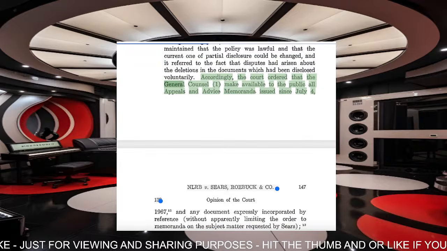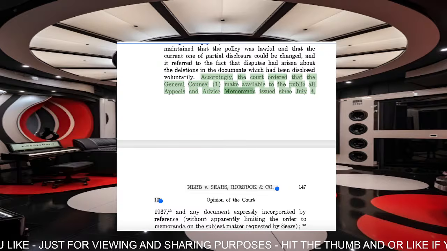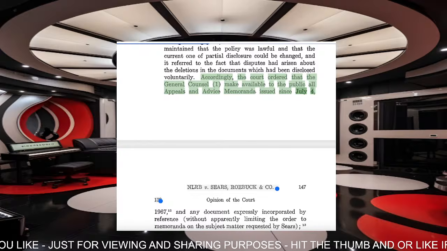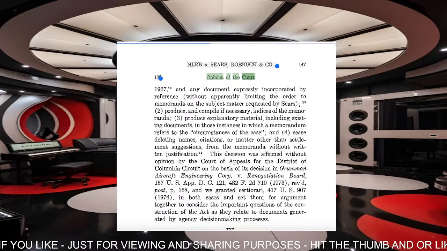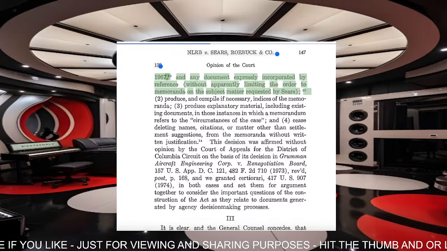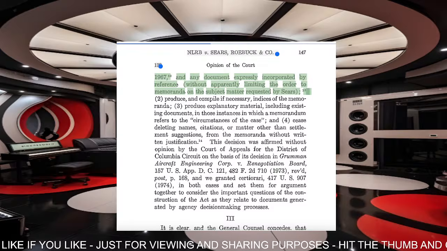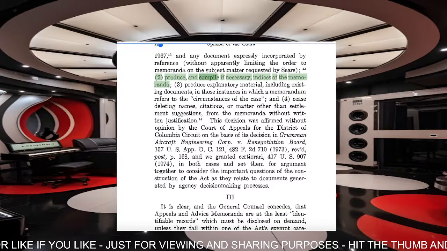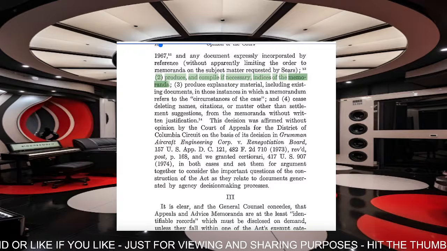Accordingly, the court ordered that the General Counsel make available to the public all appeals and advice memoranda issued since July 4, 1967, and any document expressly incorporated by reference. Three, produce and compile, if necessary, indices of the memoranda.